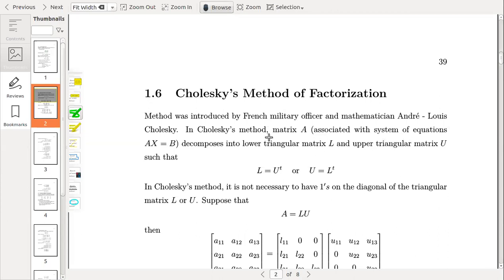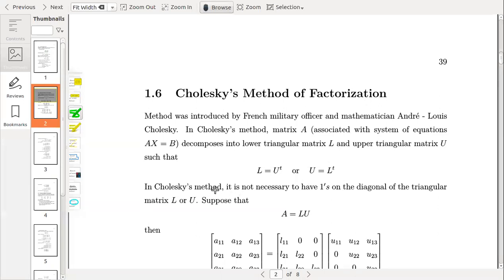In Cholesky's method, the matrix A associated with the system of equations Ax = B decomposes into a lower triangular matrix L and an upper triangular matrix U. Note the difference between Crout's and Cholesky's method: in Crout's method, you decompose the matrix into a unit upper triangular matrix and a lower triangular matrix. But in the Cholesky method, you don't need to make this unit, meaning you don't need to put ones on the diagonal entries.